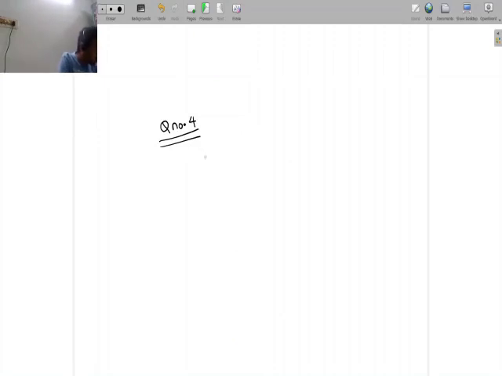Halsey plan, let us look at what is the total payment. Time taken into time rate, this is first component, plus time saved into time rate into 50%. This is the second component. This is what you get as a total payment in Halsey. Now Rowan, let us see what is the total payment we'll get.